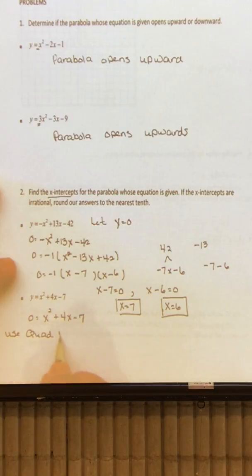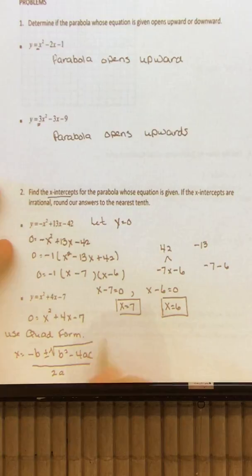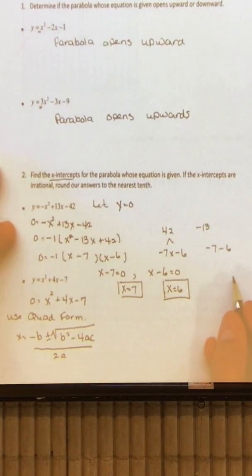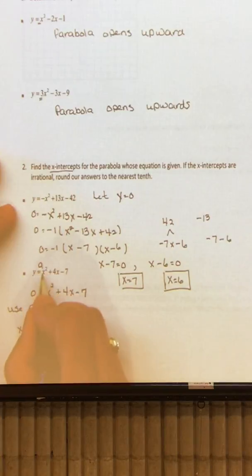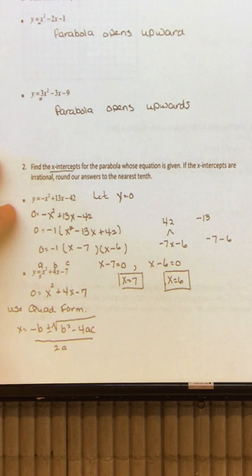The quadratic formula is equal to negative b plus or minus the square root of b squared minus 4ac, all divided by 2a. So let us determine what our a, our b, and our c are. So our a is 1, our b is 4, and our c is negative 7.